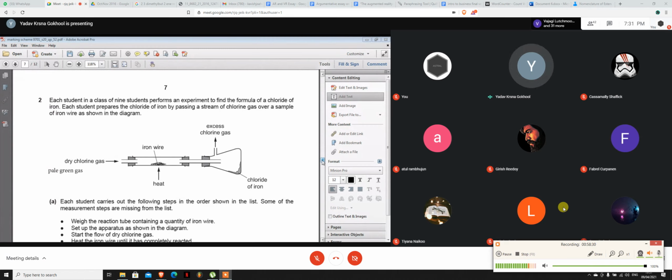And there's a part in the question which asks why, after heating is stopped, the hydrogen has to be passed for some more time. The answer over there was very simple.